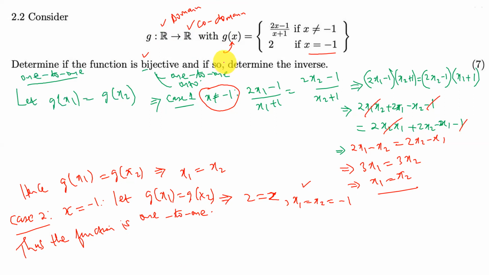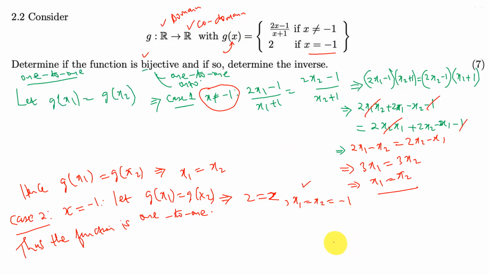This function has two cases: x not equal to minus 1, or the case x equals minus 1. We're asking the question, when will this be onto?